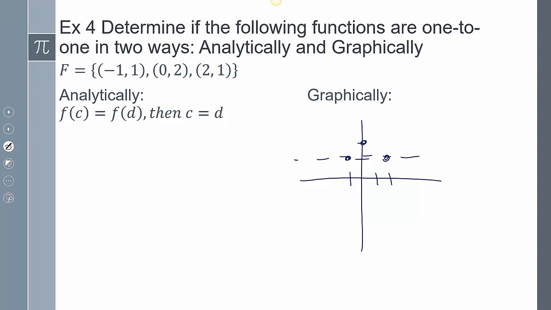This also says where my two y values equal each other, then my two x values have to equal each other. Well, if I look at negative 1, 1 and 2, positive 1, well, 1 equals 1, but negative 1 does not equal 2. So therefore, it's not 1 to 1.